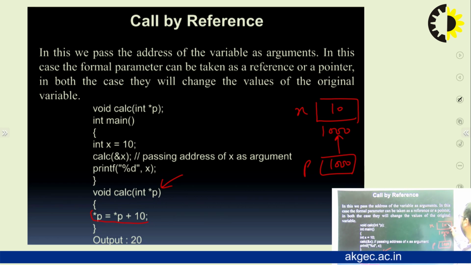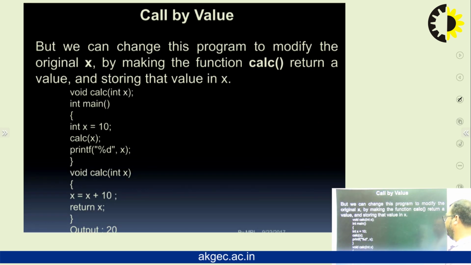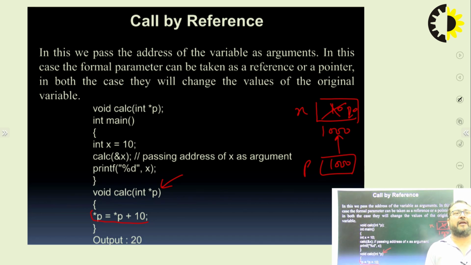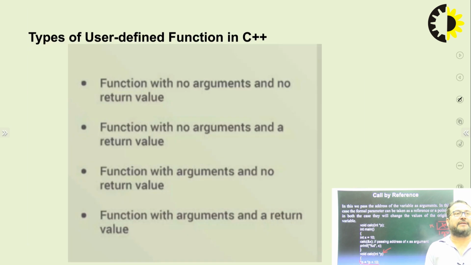So indirectly X will be replaced and this becomes 20. If you print X, it will print 20. So in both cases, there are two ways to pass a variable: either by call by value or call by reference.